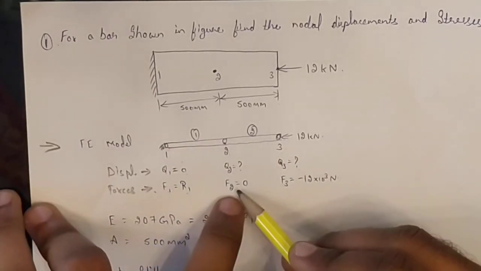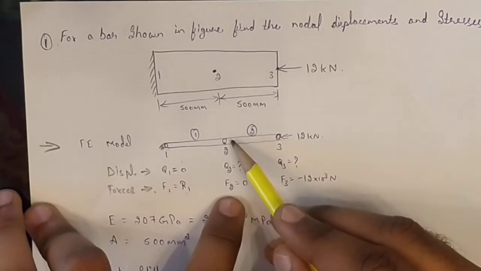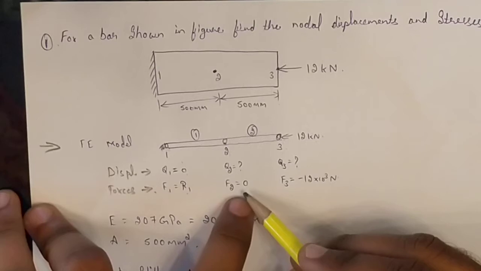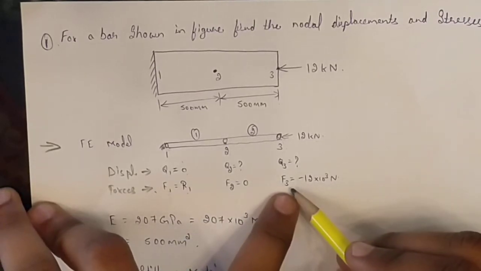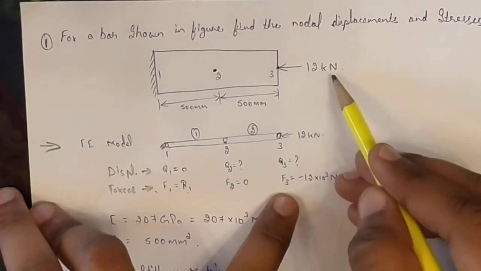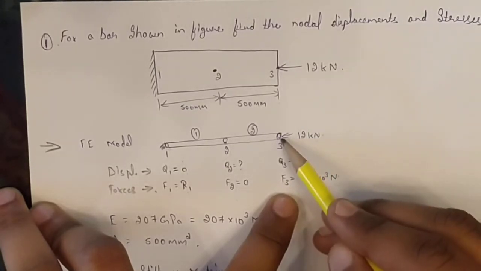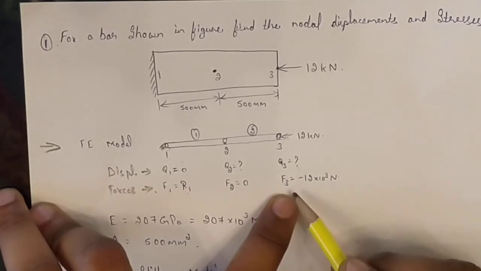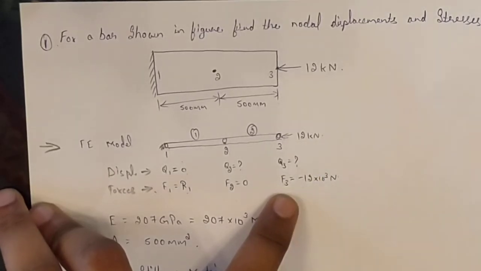Next, coming to node 2, F2. Is there any force at node 2? Nothing, right? No force given here, so it is 0. Coming to node 3, F3. A compressive force of 12 kilonewton is given on node 3. So minus 12 into 10 power 3 Newton is the force acting at node 3. I think this should be clear.